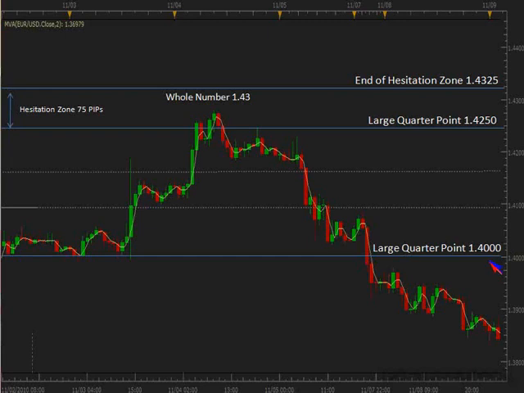Because of the importance of these major large quarter points, they tend to attract prices, and a lot of traders also call them the so-called psychological levels, obviously. So the euro-dollar pair, before the Fed's announcement, has made several attempts to move above $1.40 and make that transition into the $1.40s from the $1.30s.